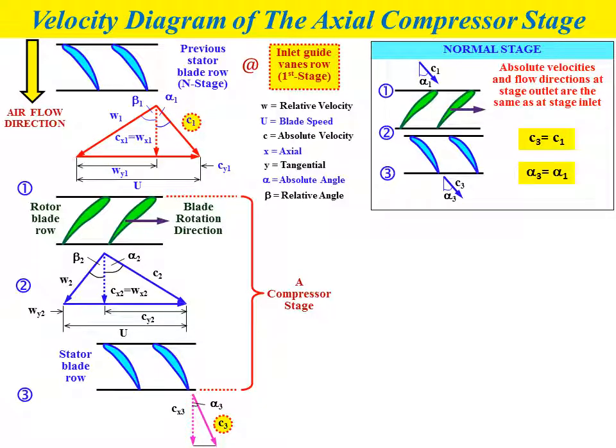Similarly, the absolute flow angle alpha 3 at the outlet of the stator is equal to alpha 1 at the inlet of the rotor of the compressor.